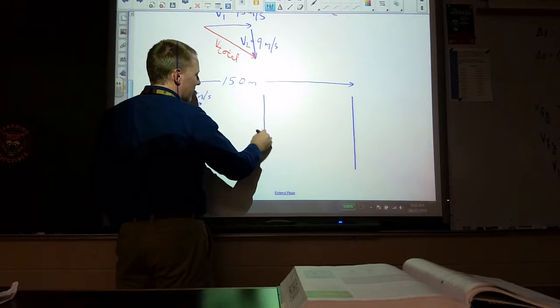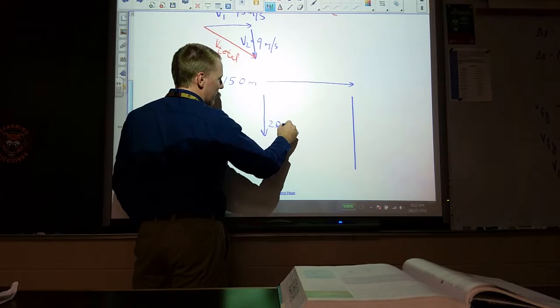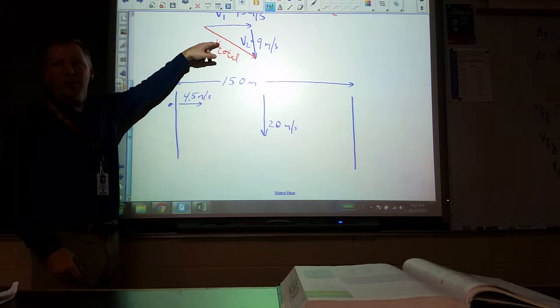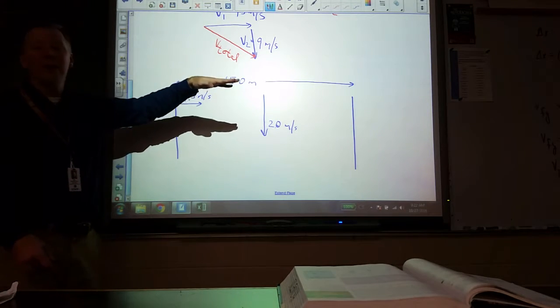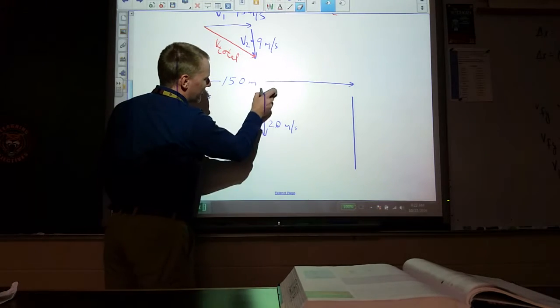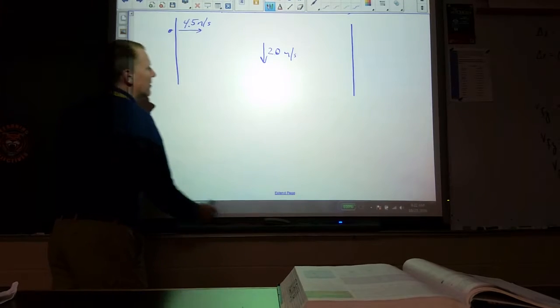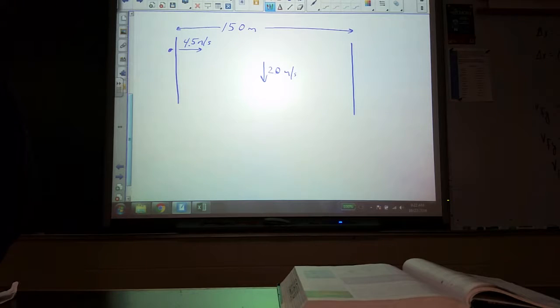So the river is also flowing at 2.0 meters per second. Well, your path is going to be like the pumpkin. You're not going to be able to swim straight across by aiming straight across. If you aim straight across, you're going to get the vector addition of this. So, here's my question. With that, how long is it going to take you to swim across the river, to get to the other side?